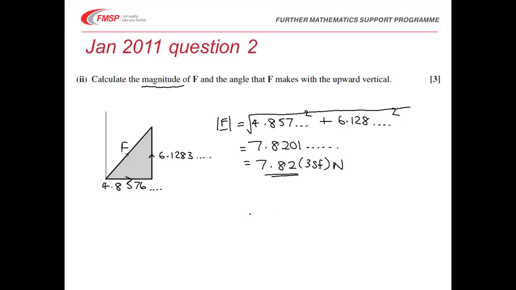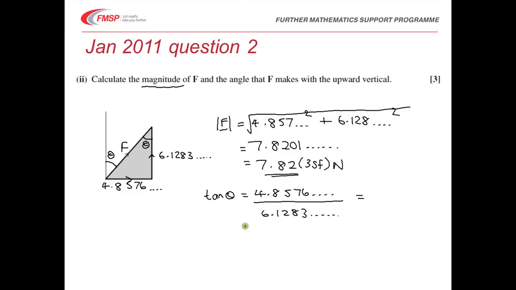Now the direction with the upward vertical, this is the angle that we want, if we call that theta. That would be the same, using alternate angles, as this angle here. And so we can say that tan theta is opposite over adjacent, 4.85, again using the full values, over 6.128.